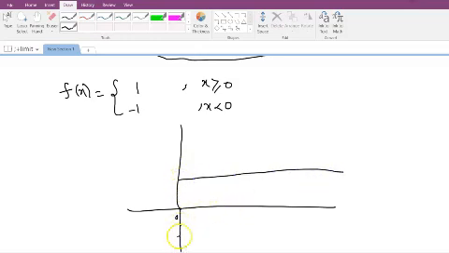And whenever x is less than 0, the value of f(x) is minus 1. And at x equal to 0, the value of f(x) is 1. It is not minus 1. So that's why I draw a blank circle over here.